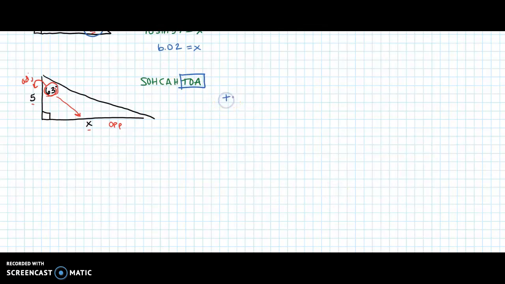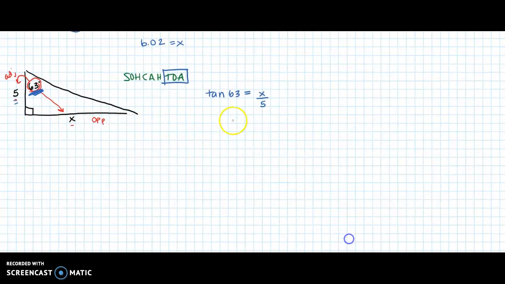So you're going to write tangent, then you write your angle, so tangent of 63 equals, and then opposite, which is your x, over your adjacent, which is 5. And now we multiply both sides by 5 to get rid of the fraction.